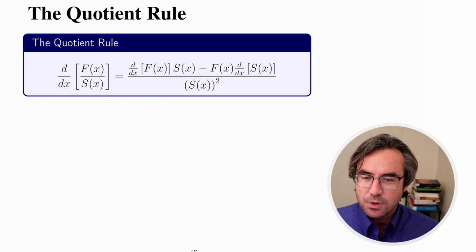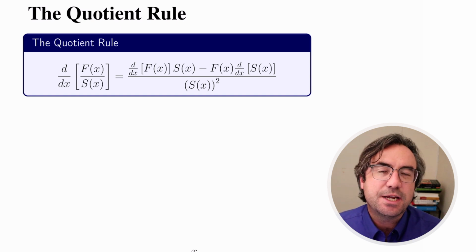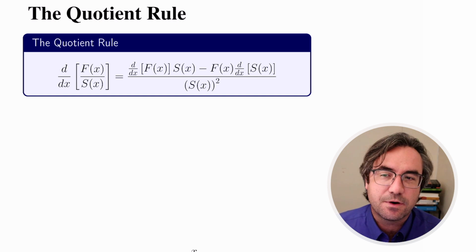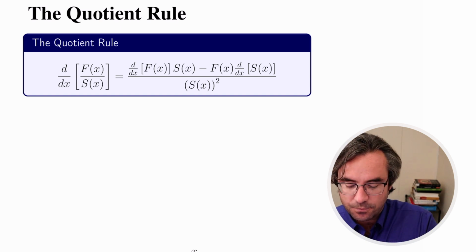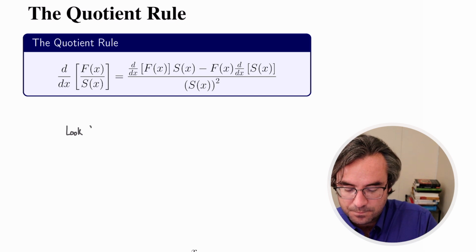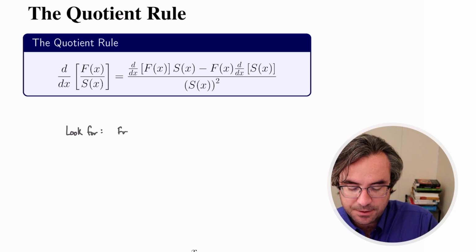So the quotient rule tells us how to differentiate when we have a quotient, when we're dividing variable terms. So what you want to look for in order to use quotient rule is a fraction with variables on both the top and the bottom.